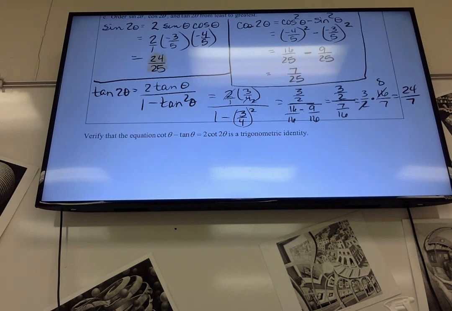So looking at these 3 answers, which one is the smallest? I said cosine. Yes, I thought that. So cosine's the smallest. What's the next one?